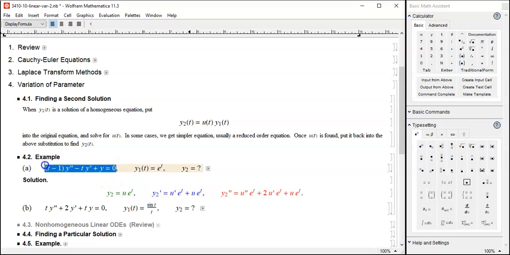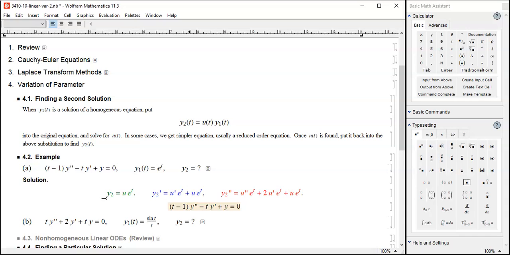Okay, put everything back into the original equation here. That's the original ODE. Okay, and then this is a second derivative, and this is a first derivative, and that's the original. Okay, here I'm gonna put in this.